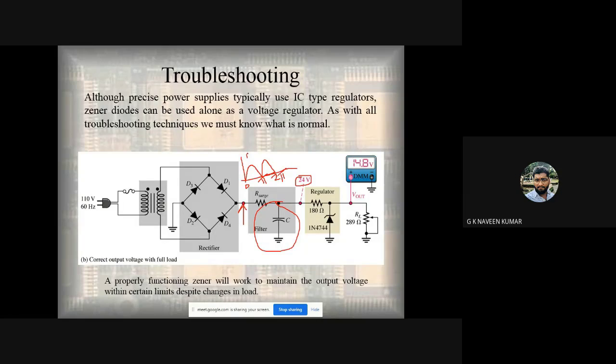Let us say D1 and D2 conduct in the positive half cycle, and D3 and D4 conduct in the negative half cycle. From this you will obtain the average DC value.